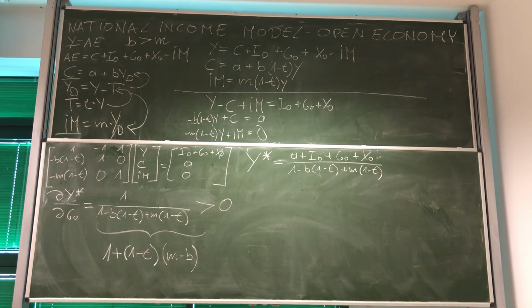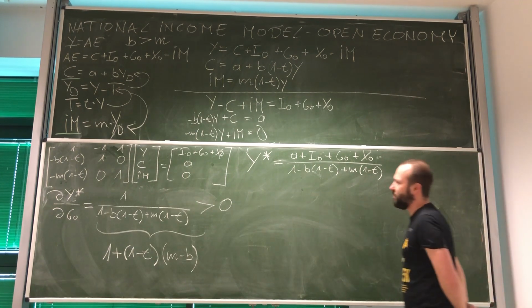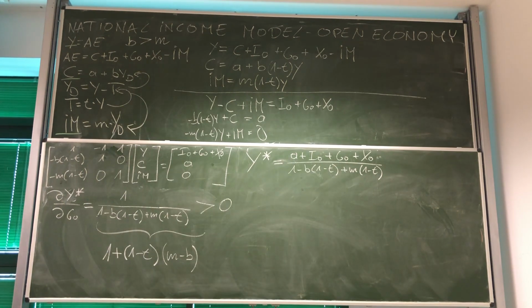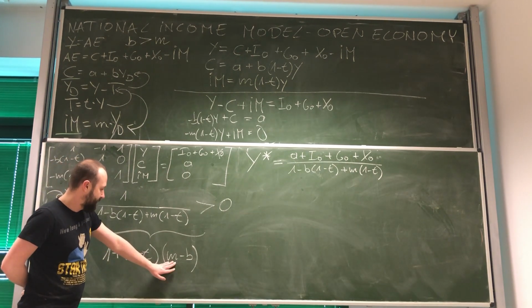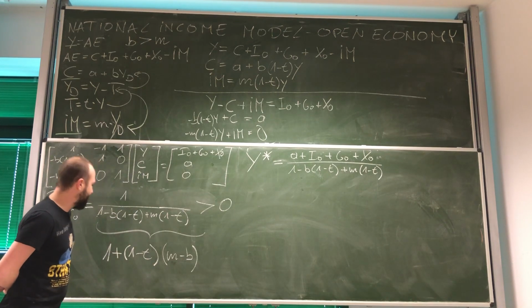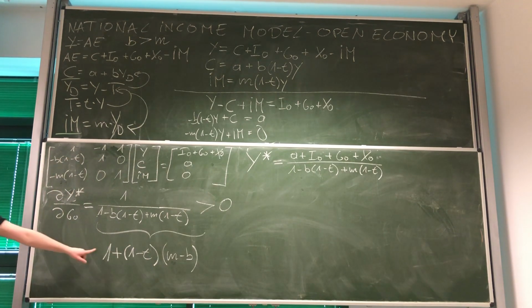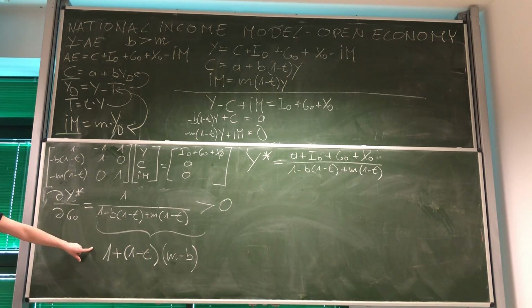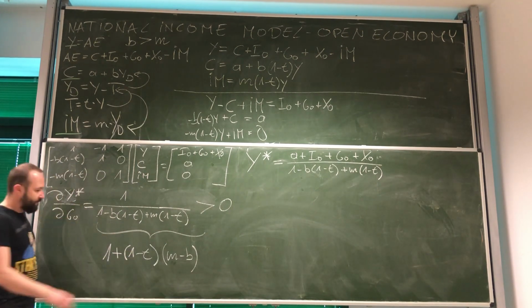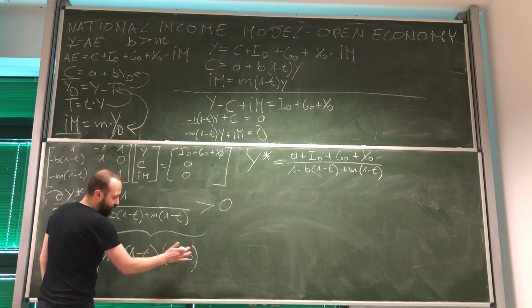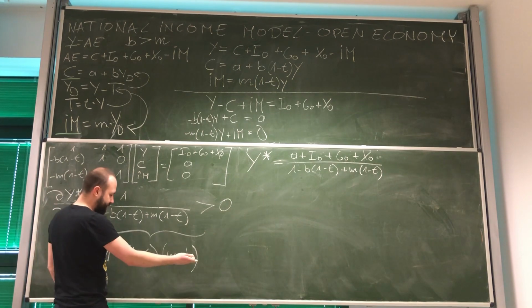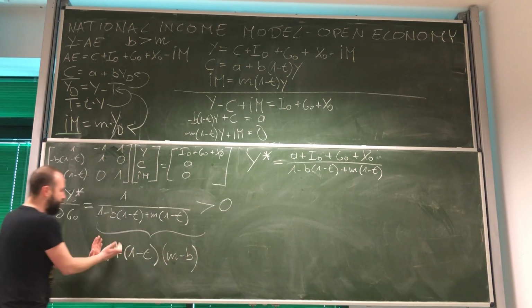Okay, now look, we can have here two possible cases. If it happens to be that m is bigger than b, this expression is going to be bigger than 1, right? Because if this outcome turns out to be positive, so if m is bigger than b, we will be adding a positive number.